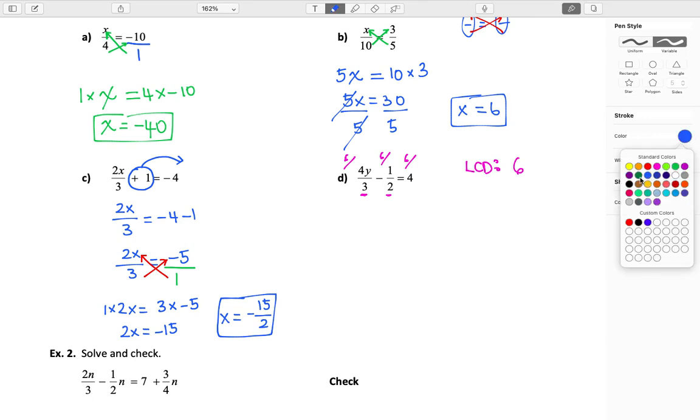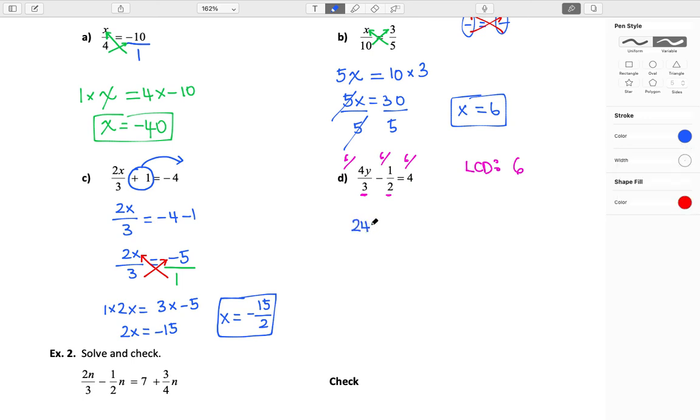So what I would recommend, you do 6 times 4y is 24y over 3, minus 6 times 1 is 6 over 2, and then there's no fraction here, so 6 times 4 is 24. Now, all you need to do is just divide.